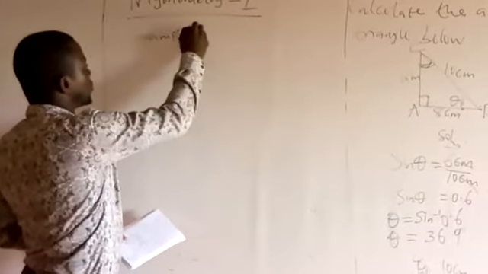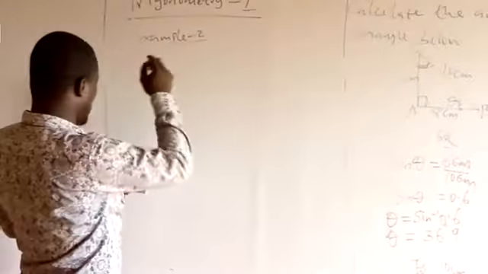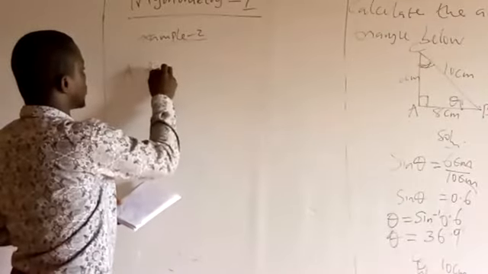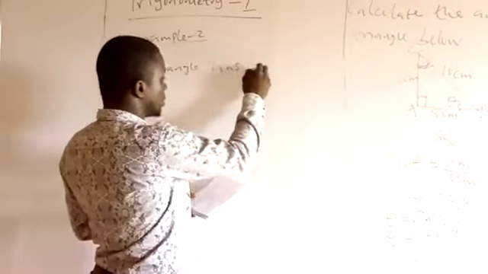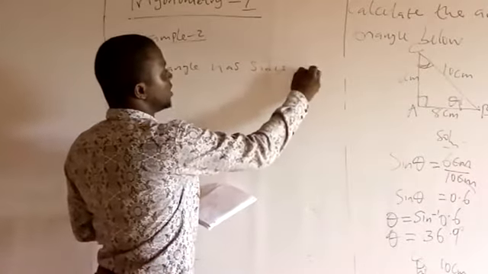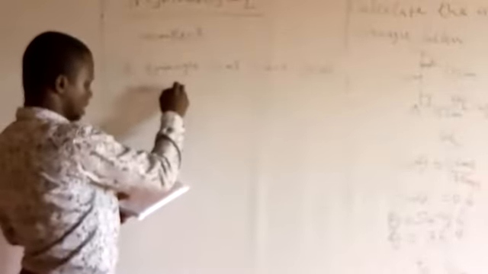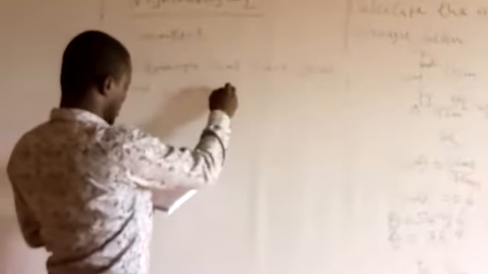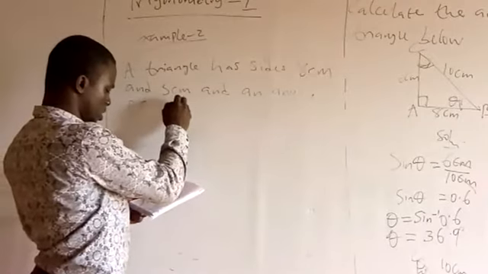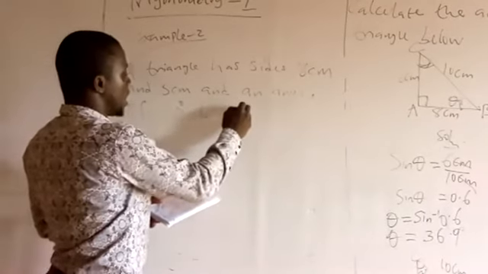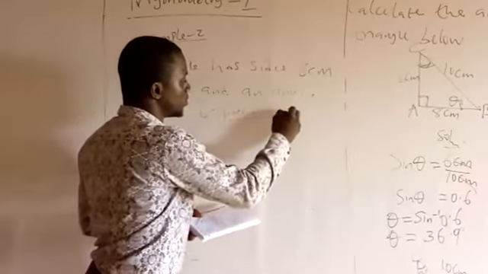Example 2. A triangle has sides 8 cm and 5 cm and an angle of 90 degrees between them.